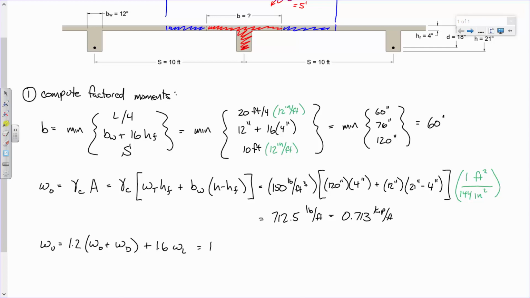And so that's 1.2 times that, plus 1.6 times that. And so what does that equal?